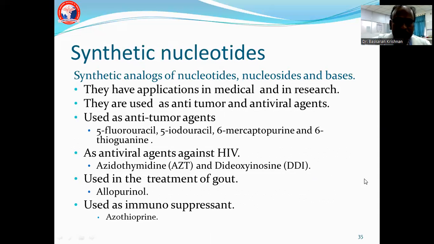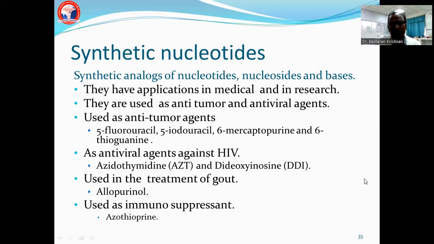Synthetic nucleotides are basically analogs of nucleotides, nucleosides, bases, and even the sugar, ribose. Here they are chemically modified, and they have wide applications, medical and research. They are used as anti-tumor, anti-cancer, and antiviral agents.